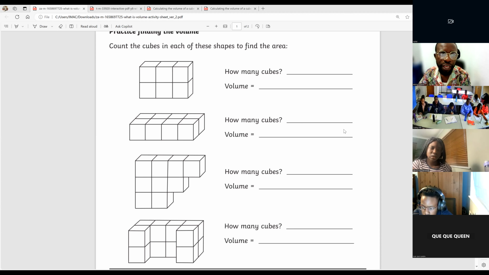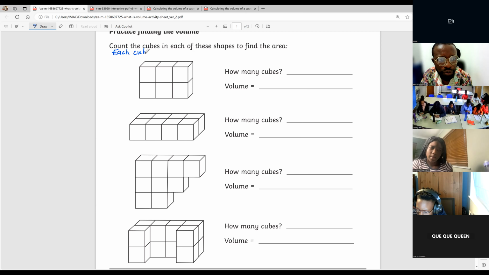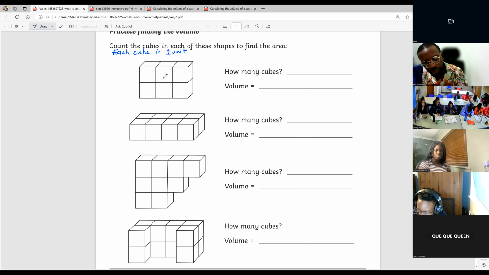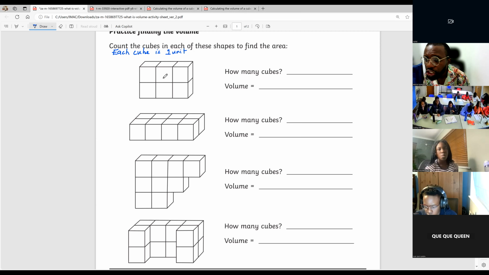Now, note one thing. Each cube is 1 unit. So to make this 3D shape, each cube is 1 unit.